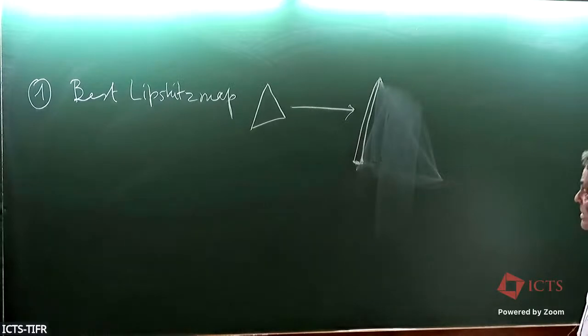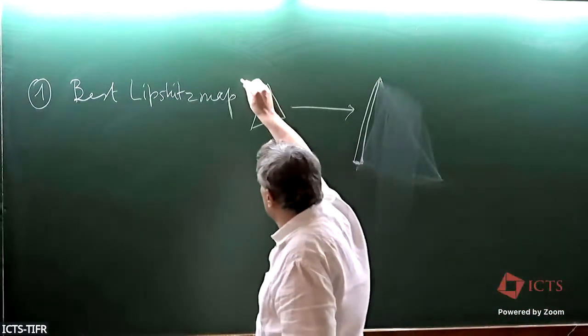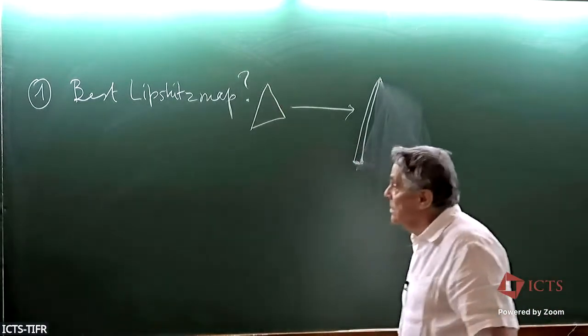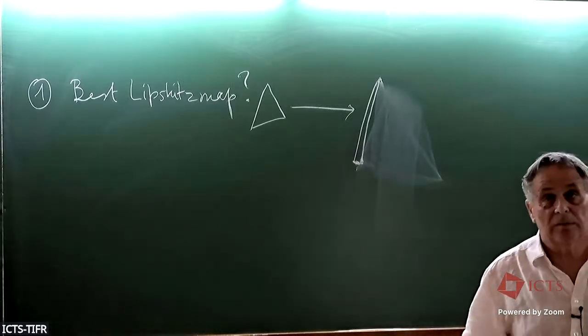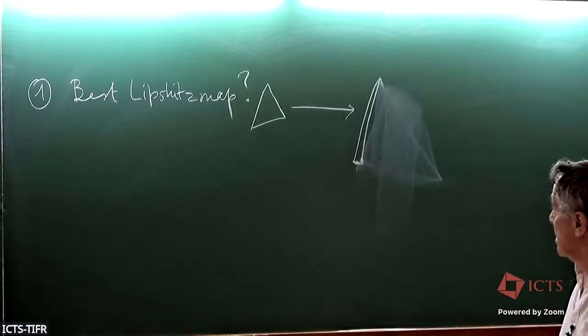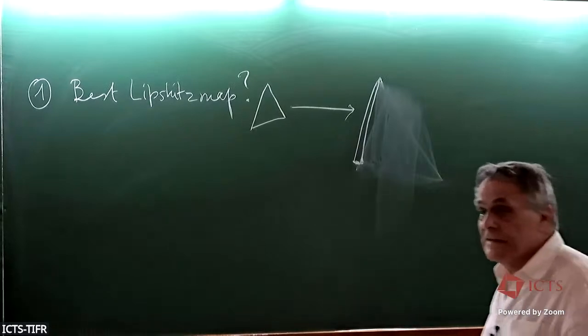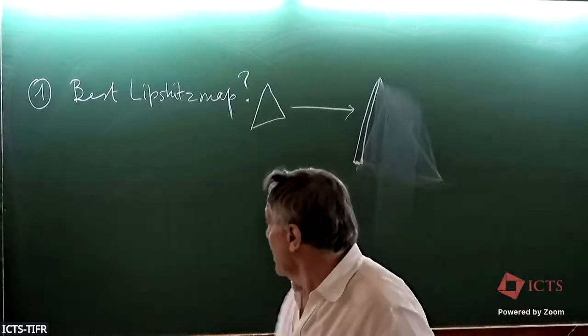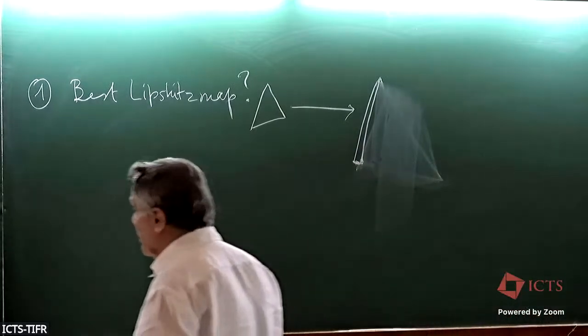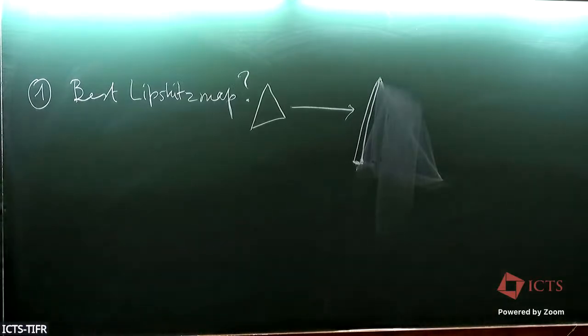And what is a best Lipschitz map, or the best Lipschitz map? Let me say also these are marked triangles.